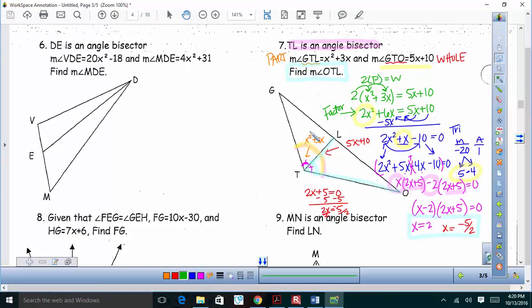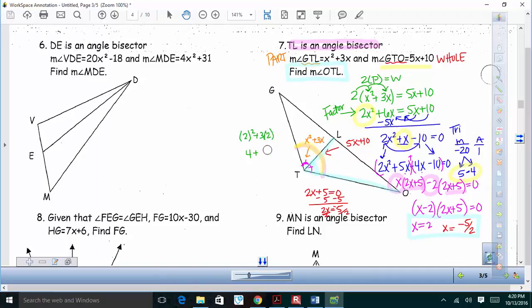So if I plug in 2, that's going to give me 2 squared plus 3 times 2. So 2 squared is going to give me 4 plus 3 times 2. Oh, sorry. 3 times 2 should be up here.